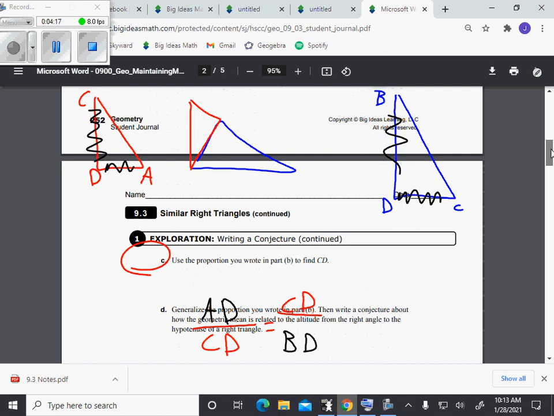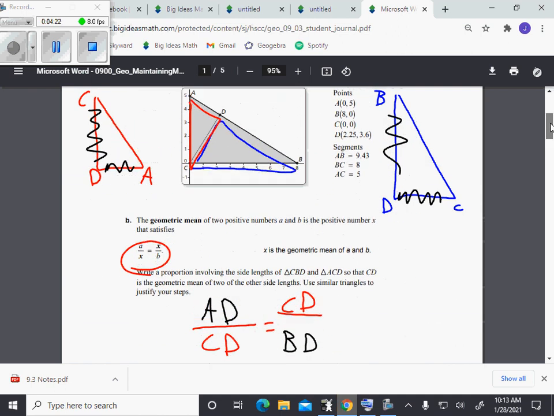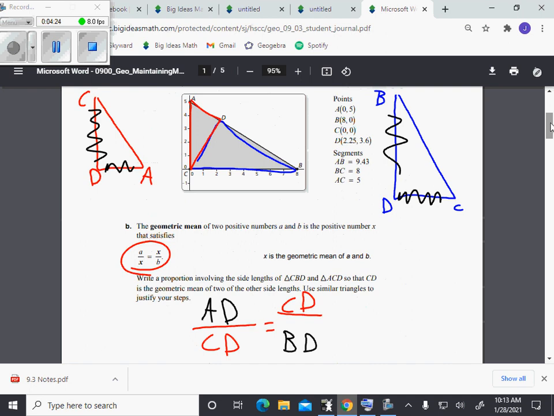This next part says, use the proportion you wrote in part B to find CD. So we can also cross multiply. We get AD times BD equals CD squared. I don't know why this book says use this ratio to solve this, because we'd have to know AD and BD, those lengths, to find CD squared.